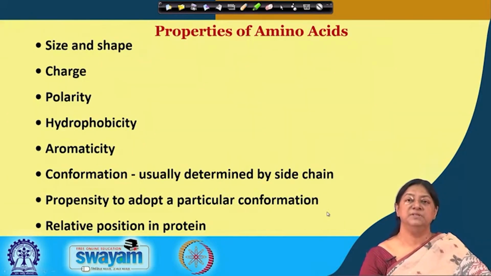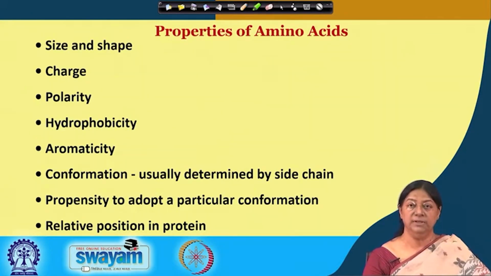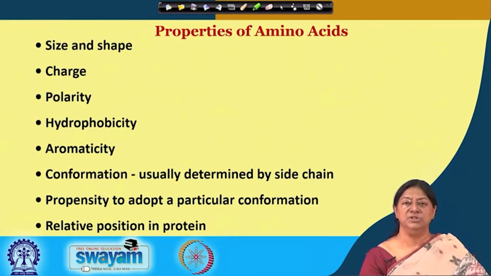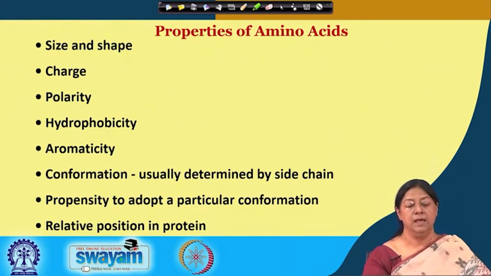The specific properties of amino acids are extremely important in the formation of proteins and in understanding how proteins fold. We will look at all of this later when we consider the folding and the denaturation of proteins, where we will be doing specific experiments to understand the amino acid's nature.